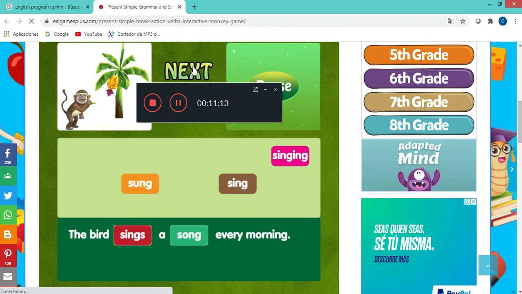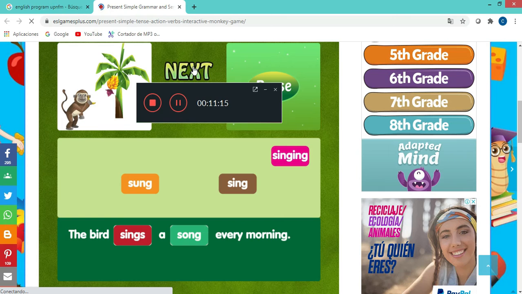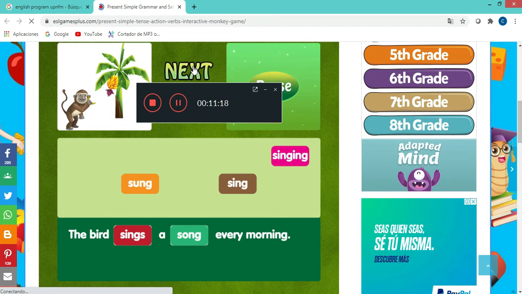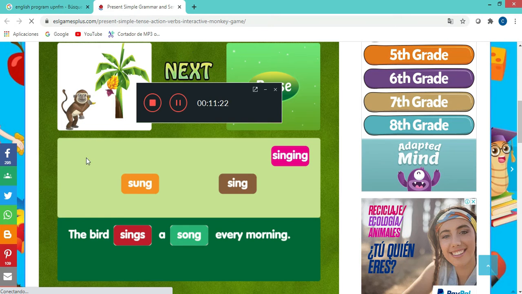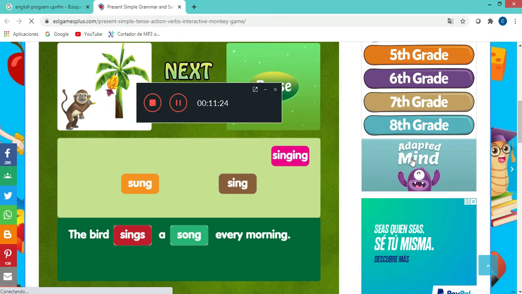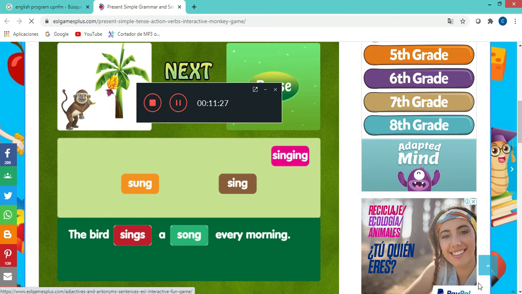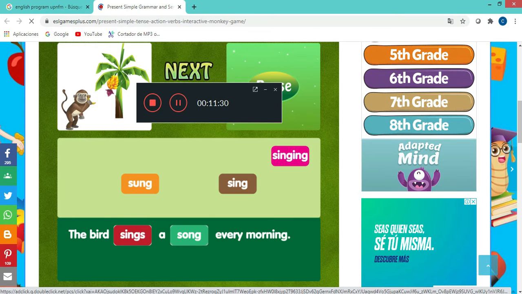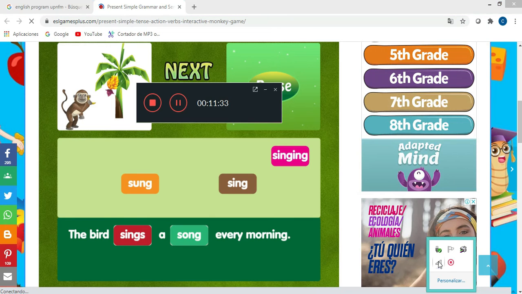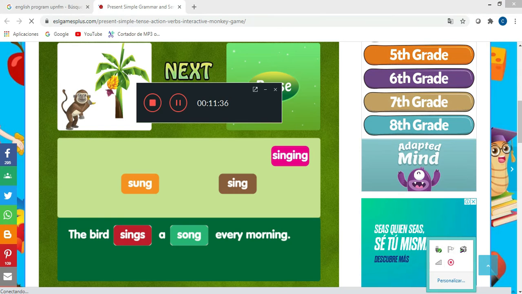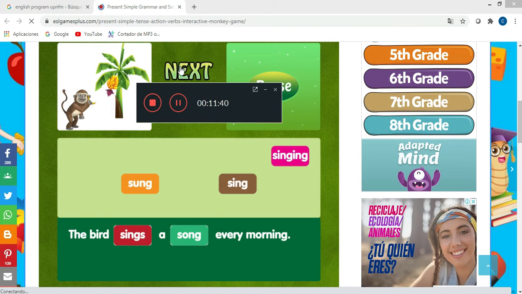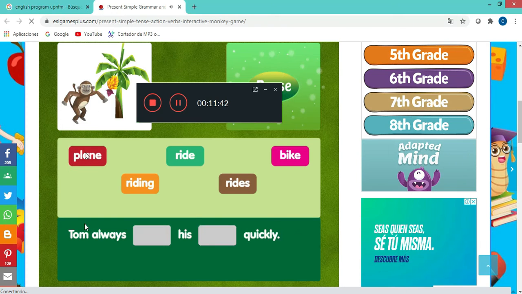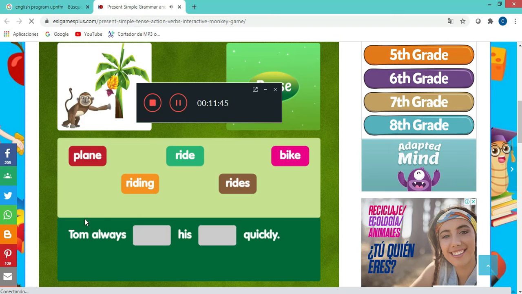Let's see the next one. Let's see what happens. Choose the correct words to complete the sentence. Okay.